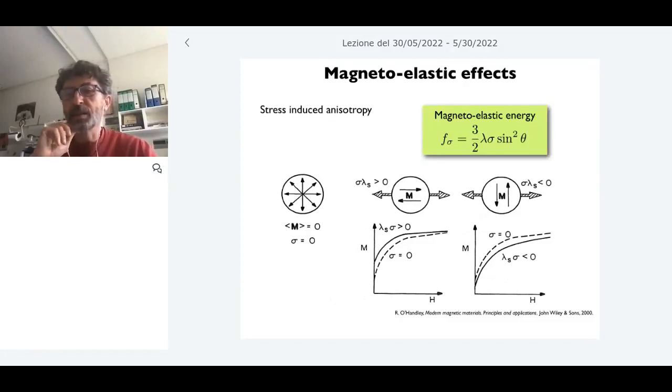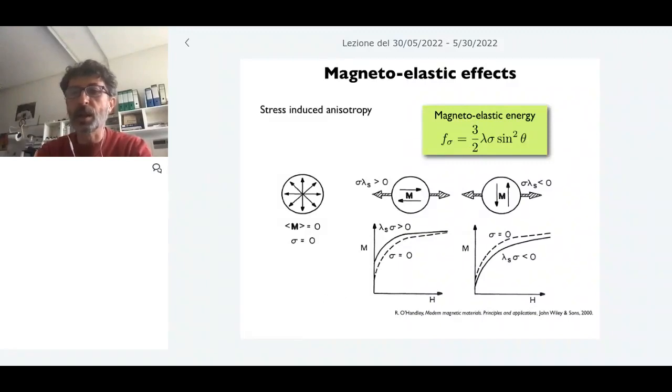And this creates a nice way to generate anisotropy in a material. This is also the main mechanism why amorphous materials do have magnetic anisotropy. They have magnetic anisotropy because in every point of the amorphous material, you may have quenched stresses, because these materials are never completely relieved of internal tension.